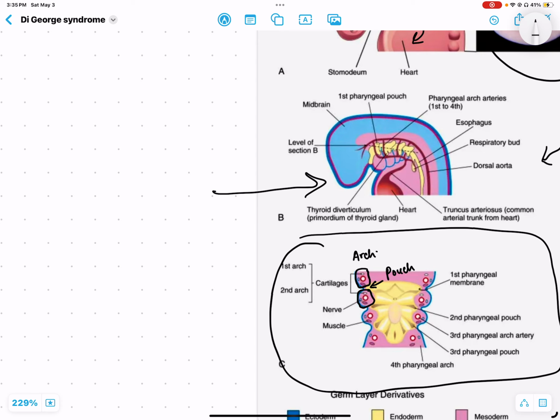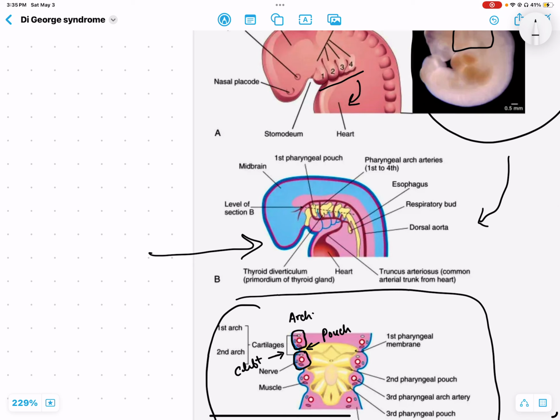From the front, when you see from outside, it is a cleft. The things we are seeing from outside are clefts, right here.